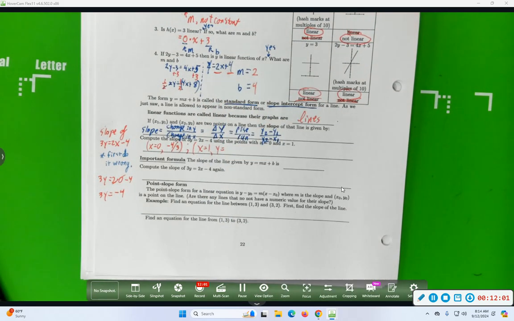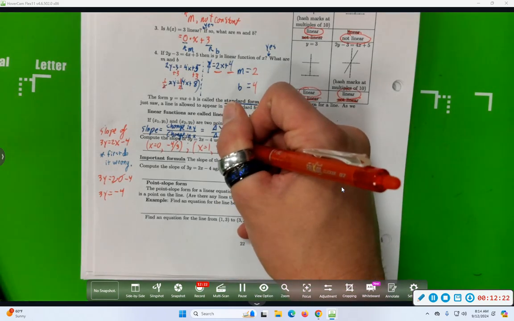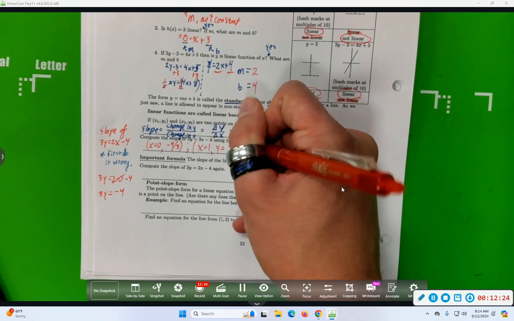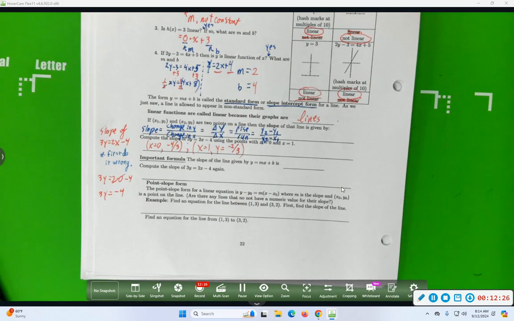When x equals 1, what y value do you get? I hear a negative 2/3. Do I hear a second? Cool. All right. Well, let's use those.